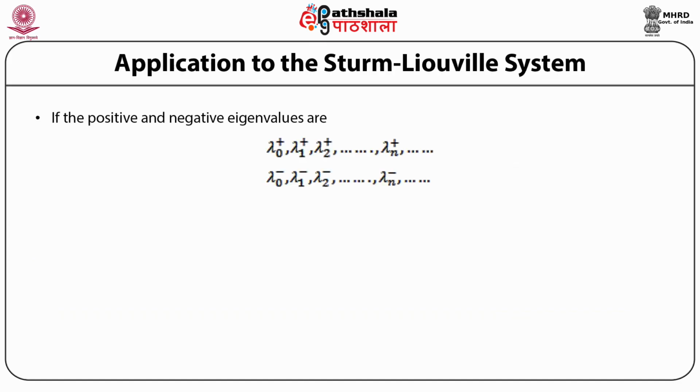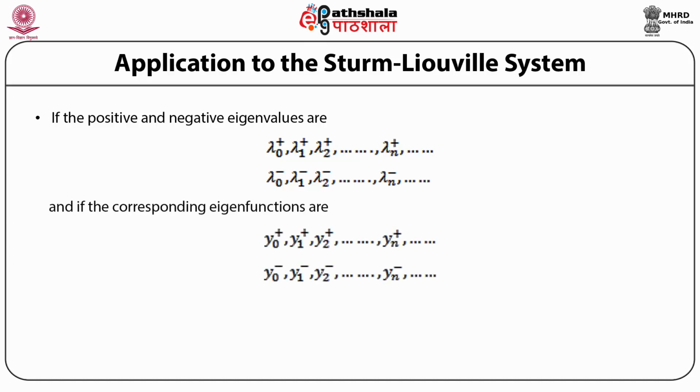If the positive and negative eigenvalues are arranged in order of increasing numerical values as lambda naught plus, lambda 1 plus, lambda 2 plus, and in this way till lambda n plus, similarly lambda naught minus, lambda 1 minus, lambda 2 minus till lambda n minus, and if the corresponding eigenfunctions are y naught plus, y1 plus, y2 plus, and so on till yn plus, and y naught minus, y1 minus, y2 minus, and so on till yn minus, then yn plus or minus have exactly n zeros in the interval a to b.